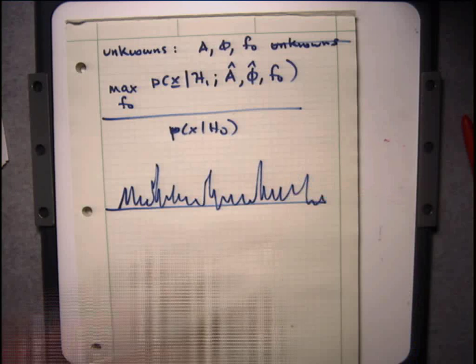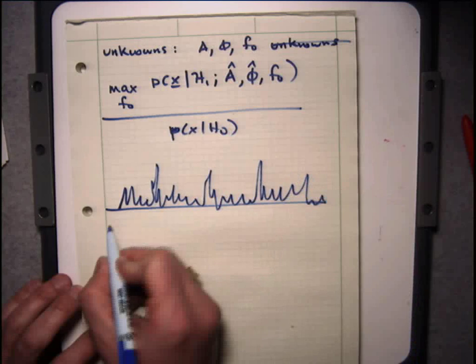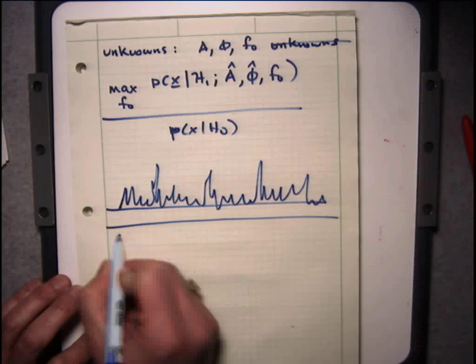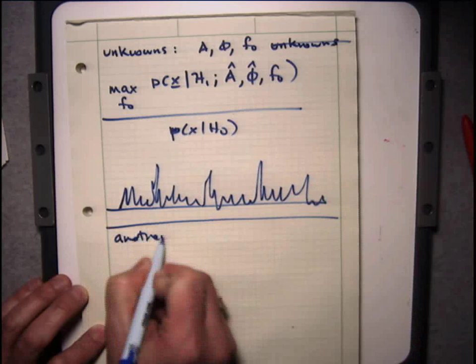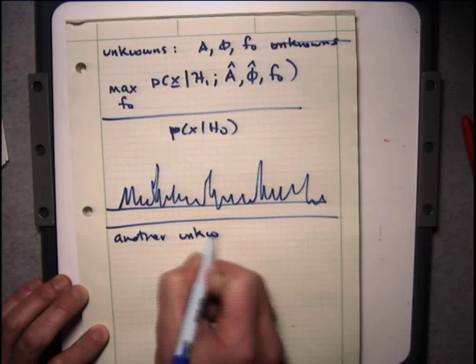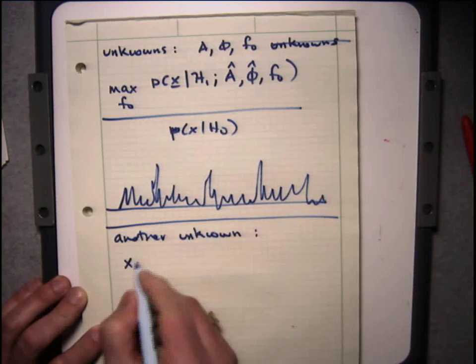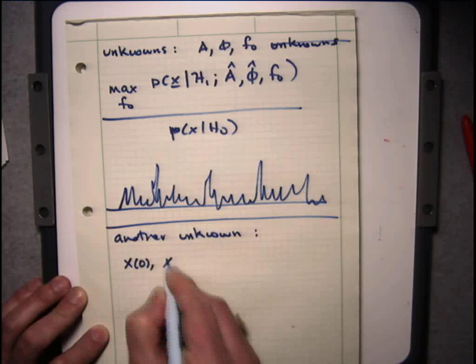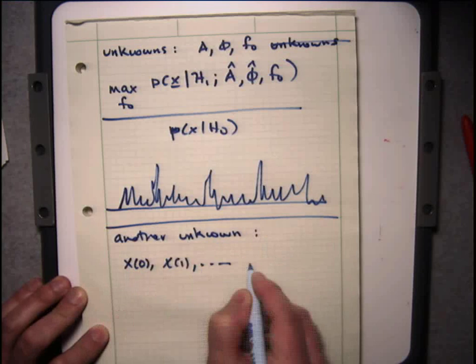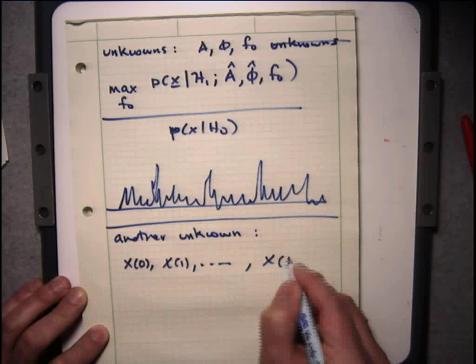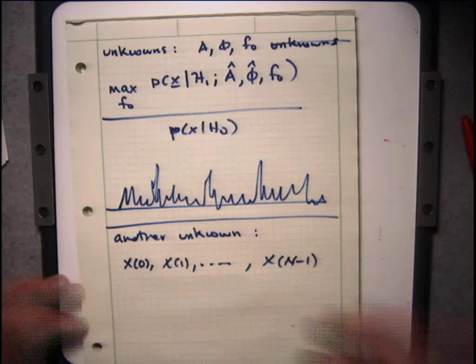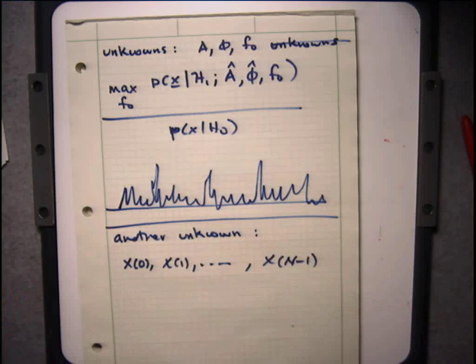There's still something else that you might know, which is the start time of the signal. Okay. So suppose yet another unknown. Let's say I capture this data, x of 0, x of 1, up to x of n minus 1. And let's say n is some huge number, right? I captured 100,000 samples.